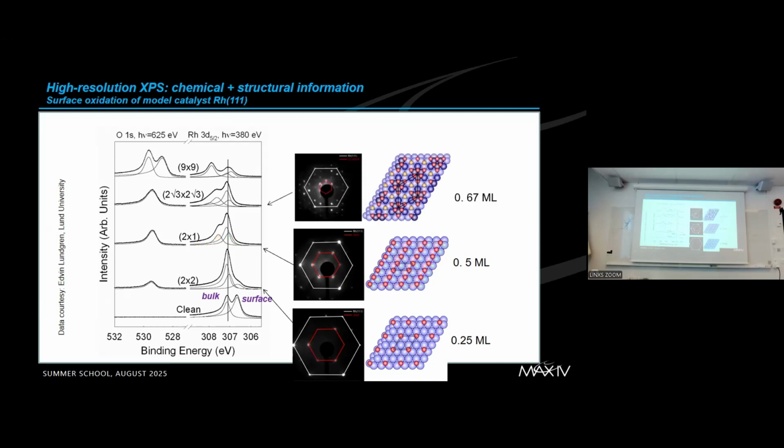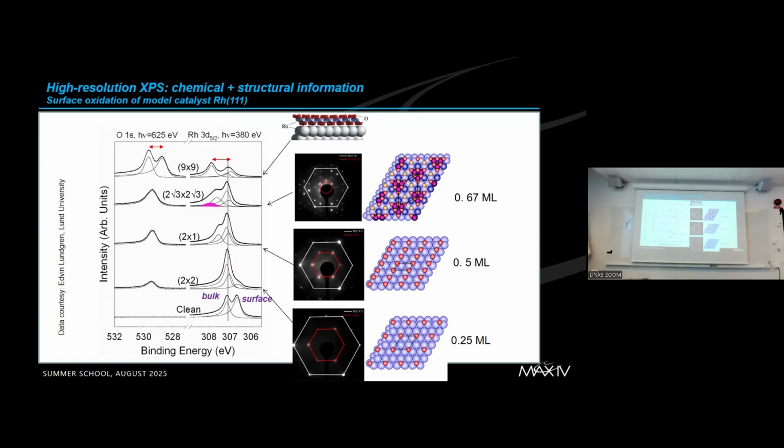And so on. If you continue oxidizing, you can create surroundings where rhodium atoms are surrounded by three oxygen atoms. This is this pink component. And then finally, you can create even a surface oxide at certain conditions. Previously we always had only one oxygen component, because oxygen atoms have more or less the same chemical environment, but in here they have different chemical environments.